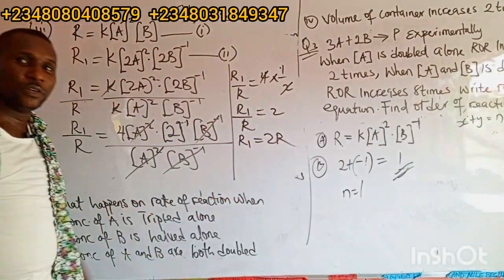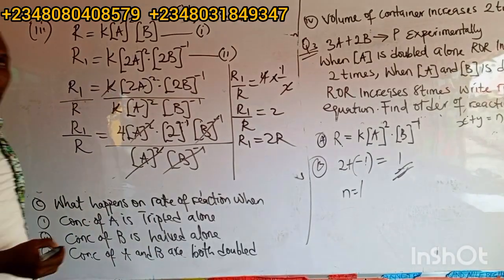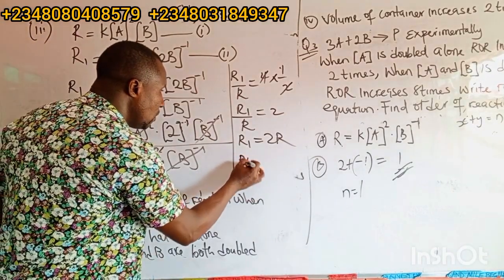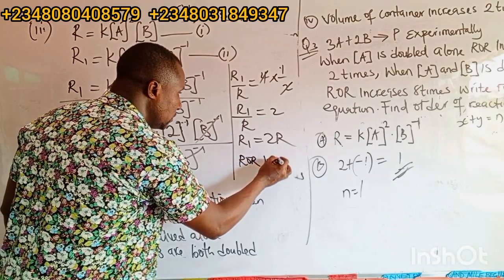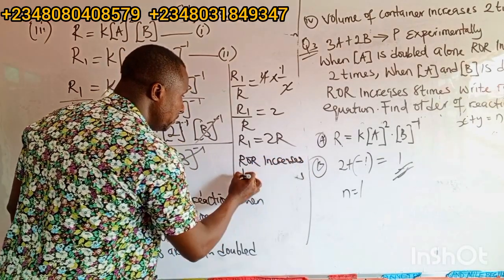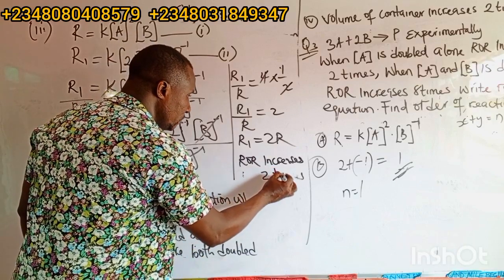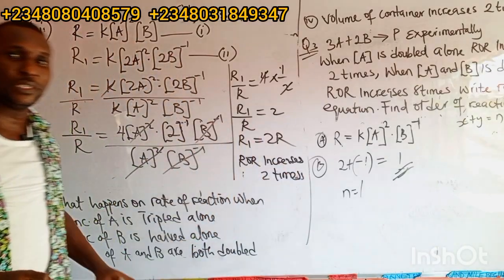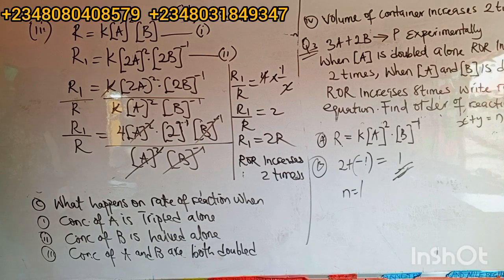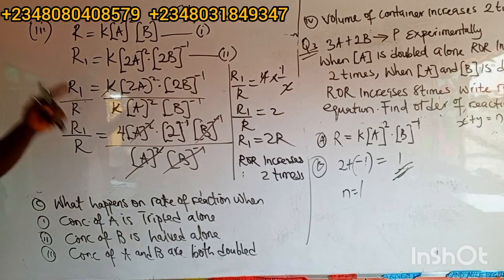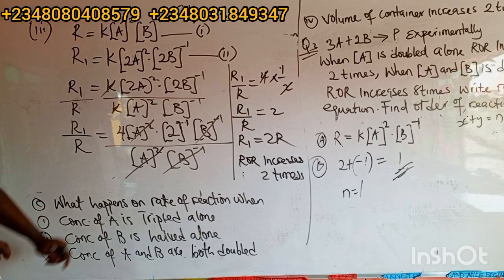In this case also, rate of reaction increases by 2, or increases 2 times. Rate of reaction increases 2 times. Take note of that. Let's go to the last one under question 2.